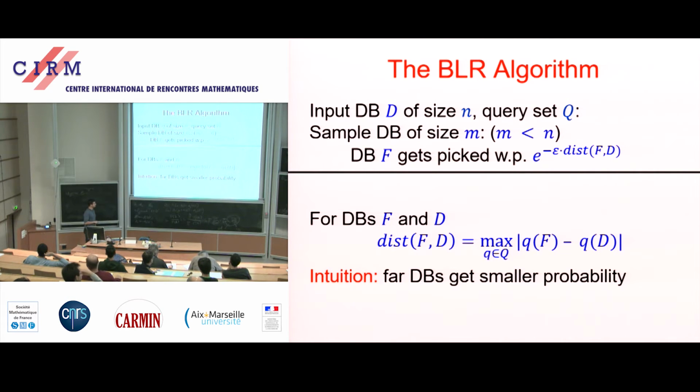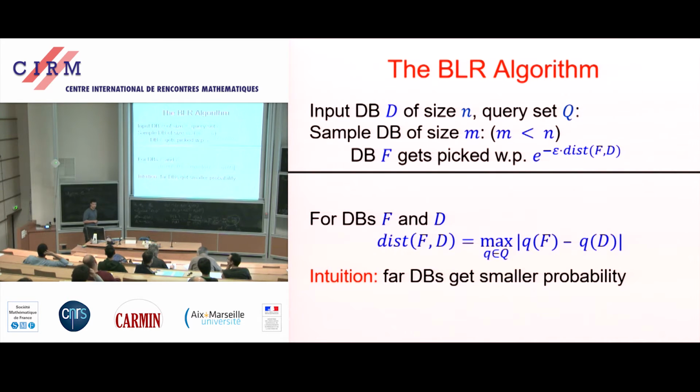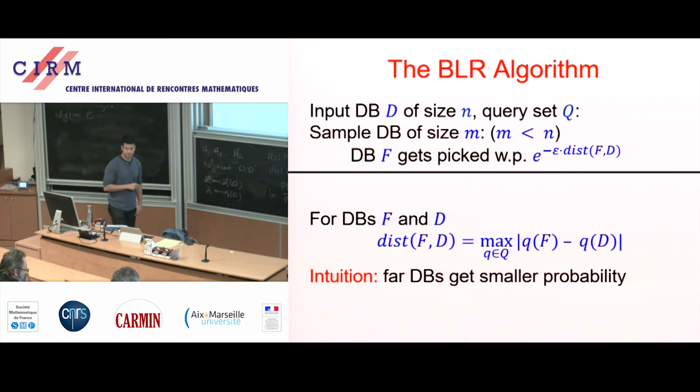Okay, so is this like adding noise to every bit location independently? It's not. The important thing is that the noises here are correlated. There's a query space, and this is the maximum over all queries.